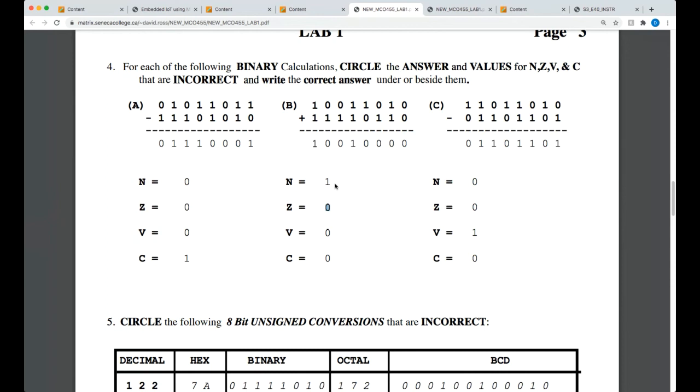But the only real logic levels in C programming are 0 and not 0. So if this Z is 0, it means the result was not 0. So if you look here, is this number here 0? No, because they're not all zeros. So this means it's not a 0 result.